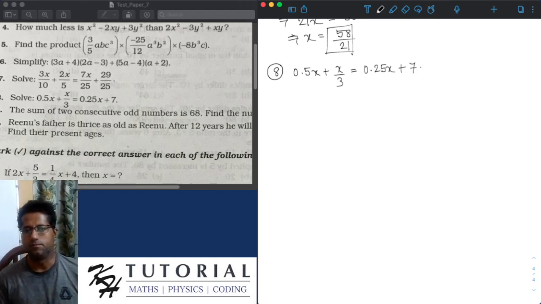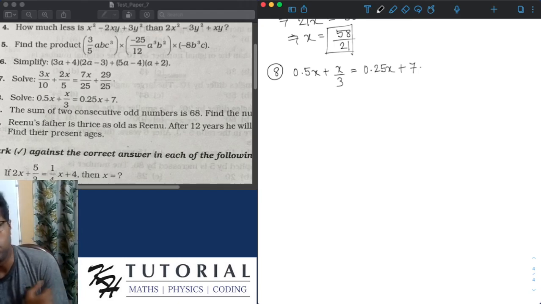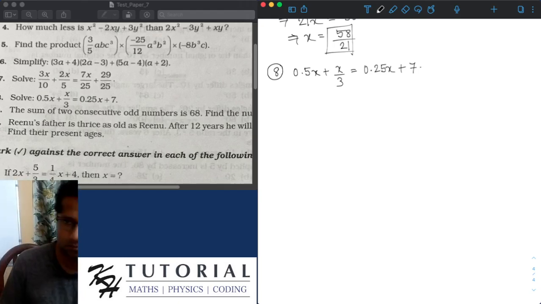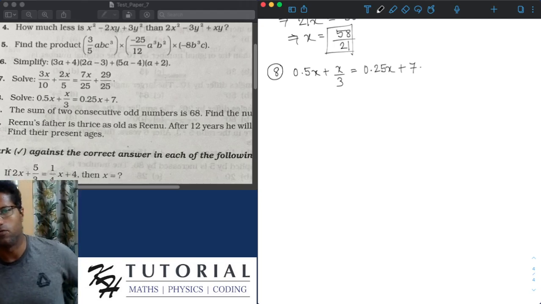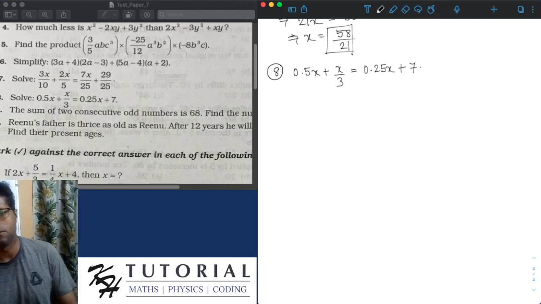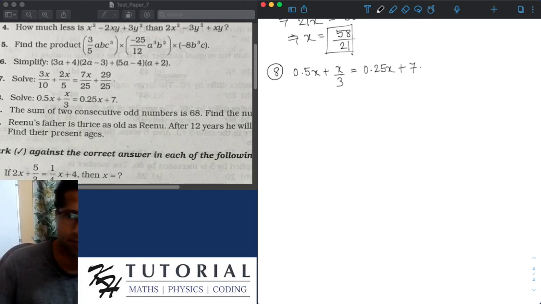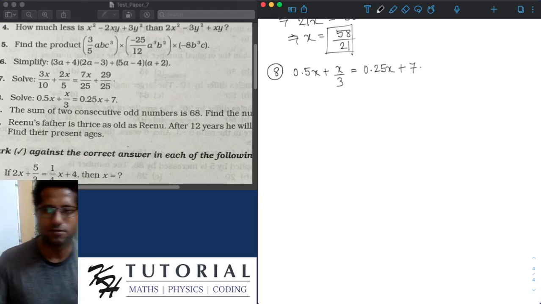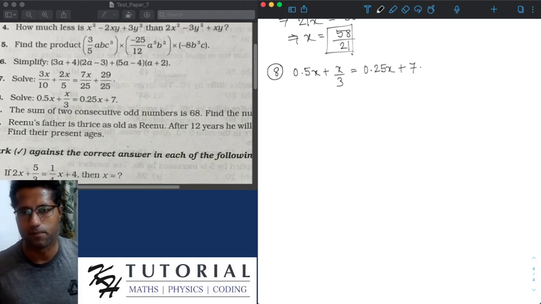Now this equation has both decimals, that is, the variable terms have coefficients as decimal numbers, 0.5x and 0.25x, and also it has some fractional form, that is x by 3.